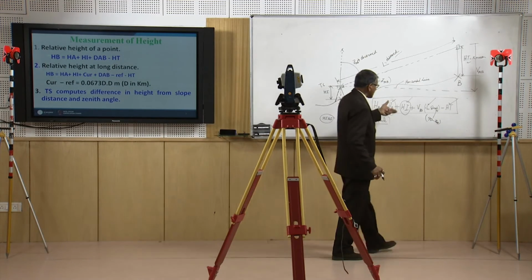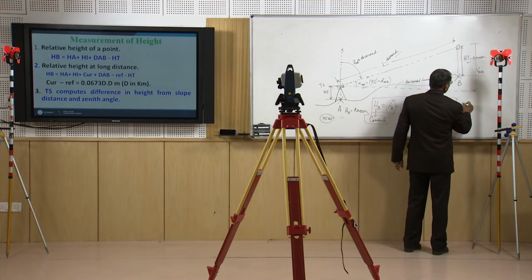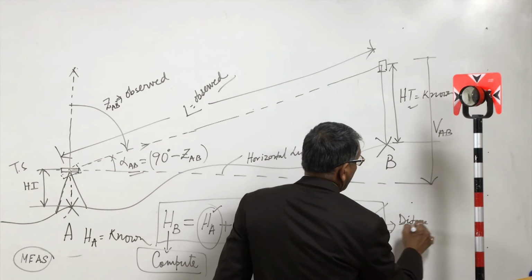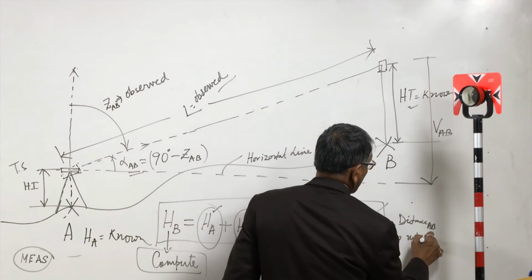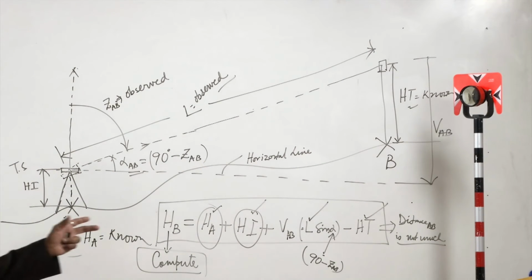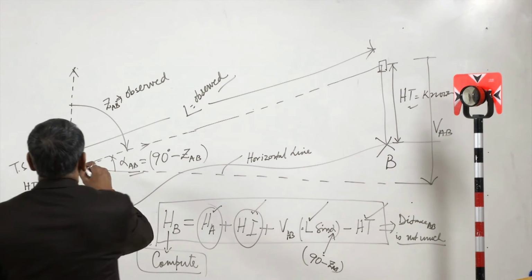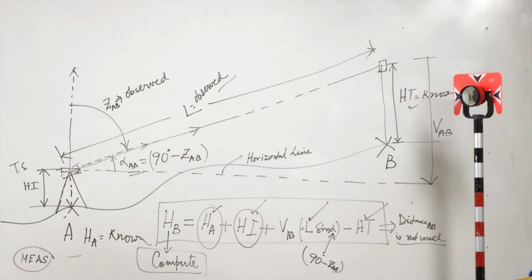Now, in this case we consider that the distance AB is not much. By this we mean that the line of sight should be straight.